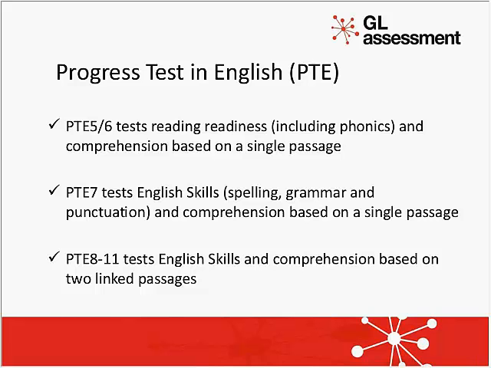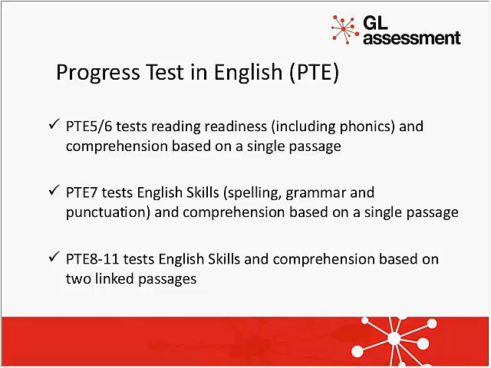At age 7, we're introducing the concept of English skills as separate to reading comprehension. Throughout the reporting and throughout the other levels of progress test English, we will be talking about English skills and reading comprehension. English skills at this level means spelling, grammar, and punctuation.